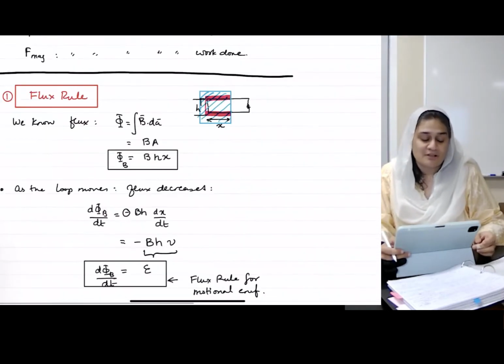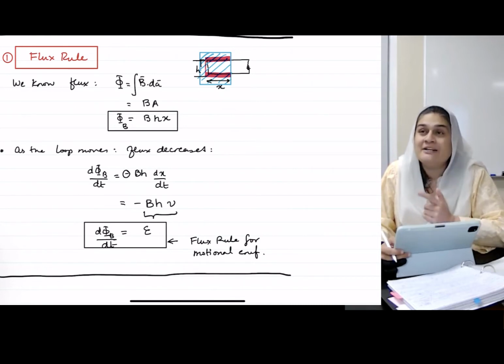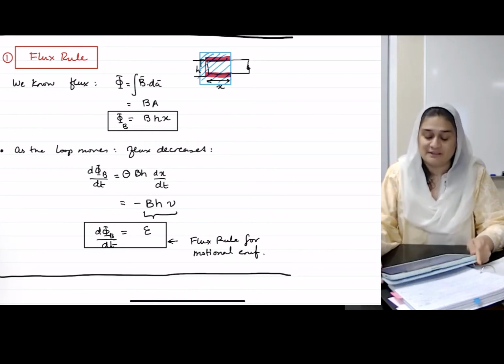Then we also talked about this, which is called the flux rule. And the flux rule says that for motional EMF, the rate of change of flux causes the EMF to be produced. Now, if we have only one loop, the EMF produced looks like delta phi over delta t.